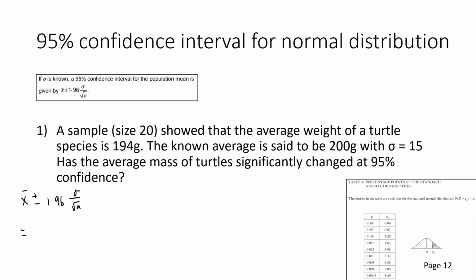And in this situation, that is our sample average, which is 194, plus or minus 1.96 times our standard deviation, which is 15, over the square root of our sample size, which is root 20. And the reason we're using 1.96 is because in this table here, 1.96 will leave 2.5% on the outside, if that makes sense.